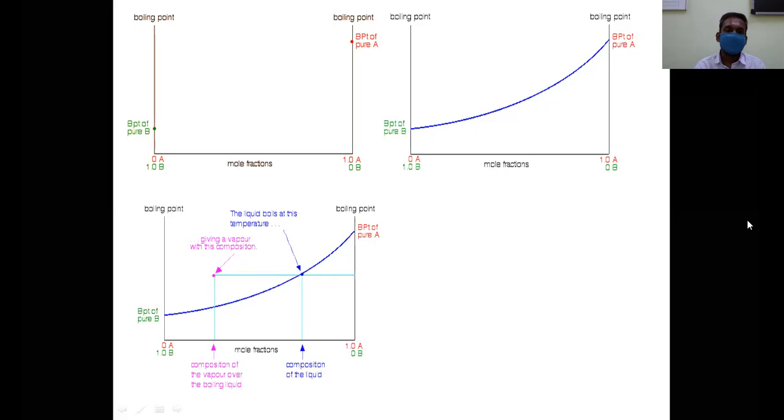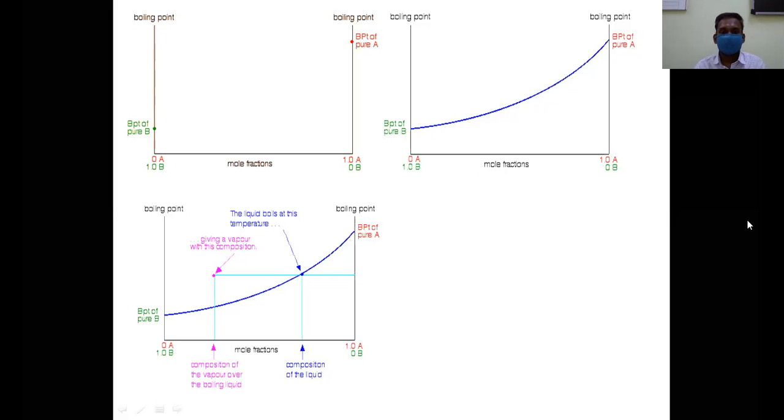Okay, fine. Now what you have to do is, after finding out the composition of vapors, plot it again on a new curve. That means now here I have plotted in pink color. What does that pink color dot represent?